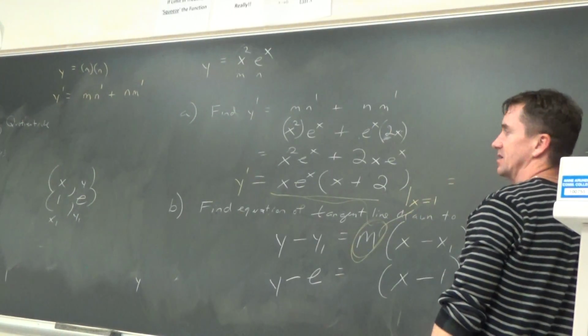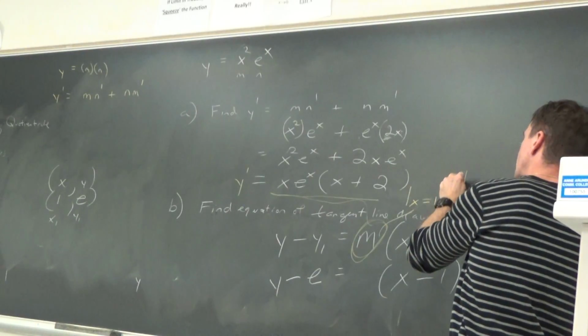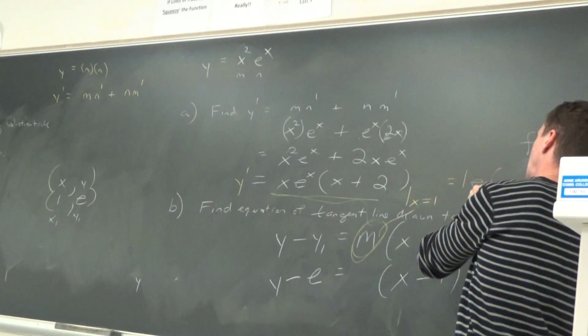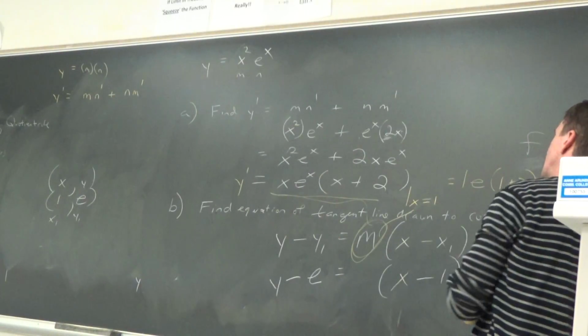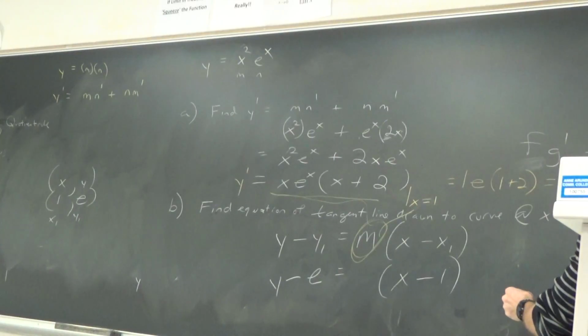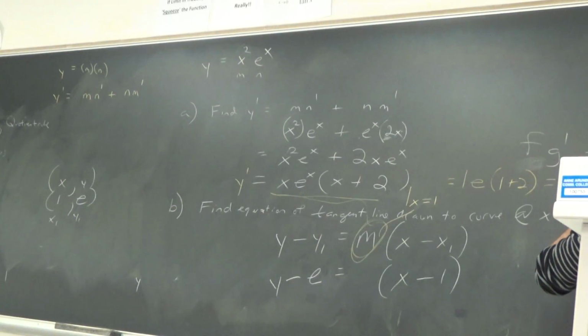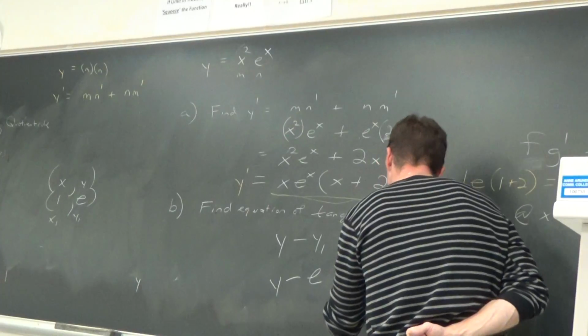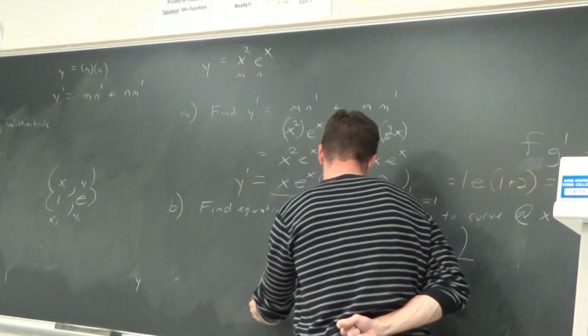Now what does this math turn into? 1 times e to the 1 times 1 plus 2. So what is that slope? 1 times e times 1 plus 2, 1 times e times 3, 3e. That'll be my slope. 3e. Done.